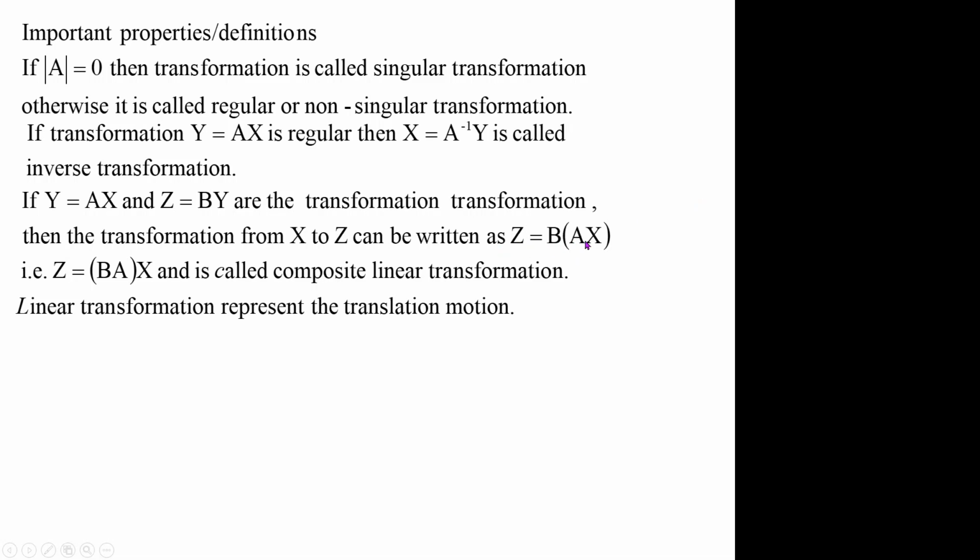B is a constant linear operator, A is also a linear operator, so their multiplication will also be a linear operator. So this is nothing but a matrix of linear transformation. Here x is getting transformed to z. So this transformation is called a composite linear transformation. Now, linear transformation usually represents the translation motion.